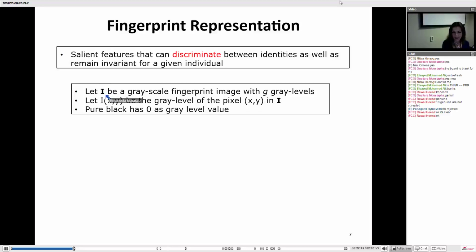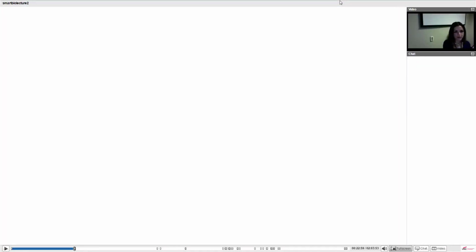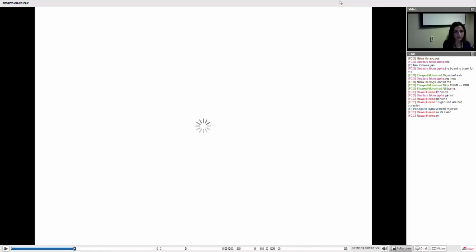So our digital data is the image, as we already anticipated yesterday, so we can repeat this concept. We have a grayscale fingerprint image, and then we have a certain number of gray levels, as we saw yesterday.